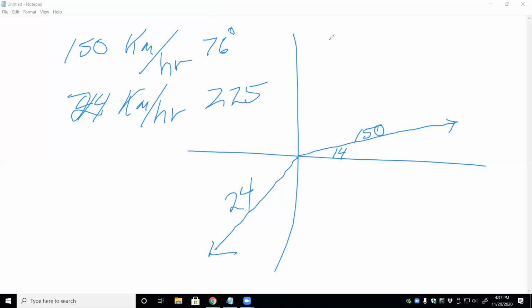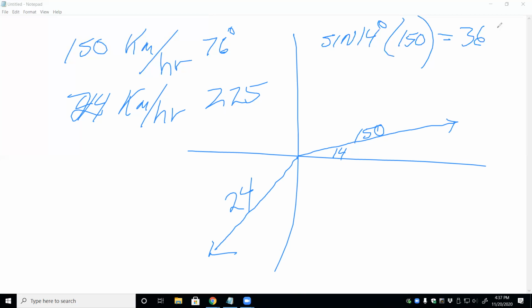And I do that by: the northern speed of the airplane is the sine of 14 degrees times 150. Can you do that on your calculator real quick? 150 times the sine of 14. 36.3.